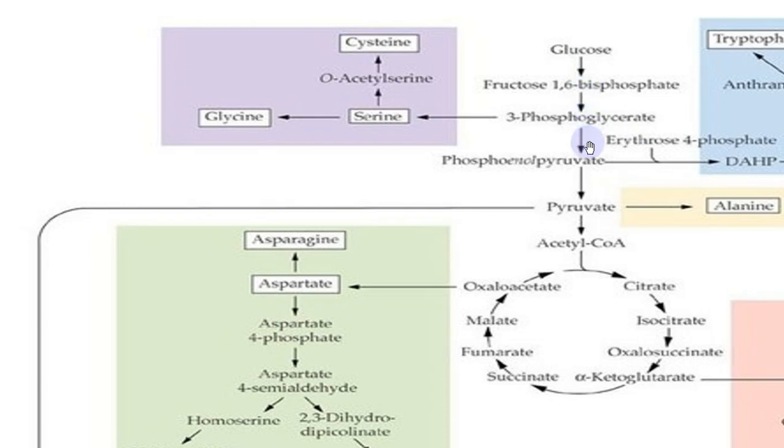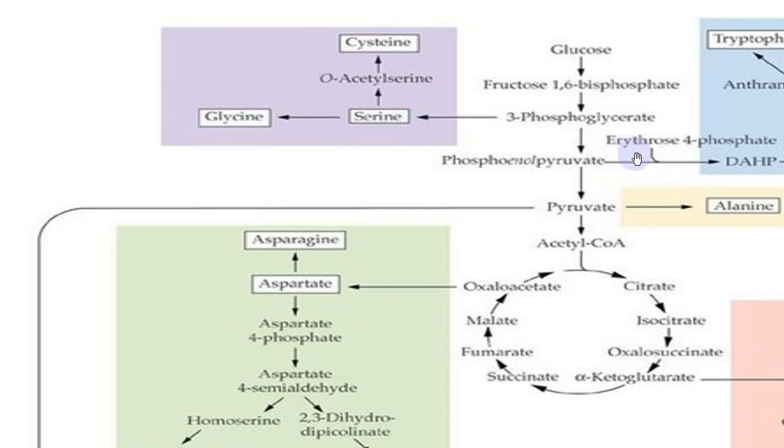This is the glycolysis part. Now this may get involved in the formation of serine, which may give glycine further. The serine on acetylation forms O-acetylserine, which further forms cysteine. So this is one family of amino acid formation, called the serine, glycine, cysteine family.